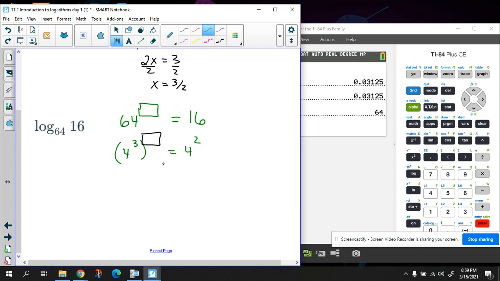Our goal is to write them using the same base number. Since I don't know what goes here, we can put an X. If they have the same base number, then they have to have the same exponent in order to be equal to each other. So 3x equals 2, divide by 3. The answer to this one is 2 over 3. Remember, the answer to a logarithm is that power. What are you raising it to make that happen?